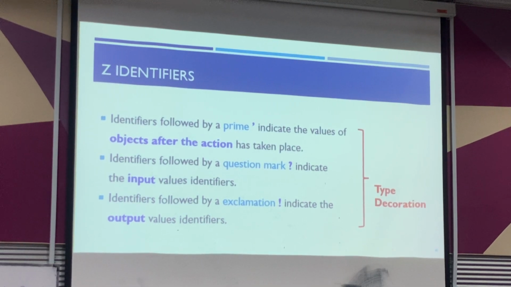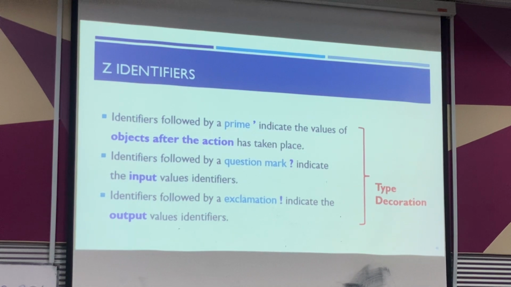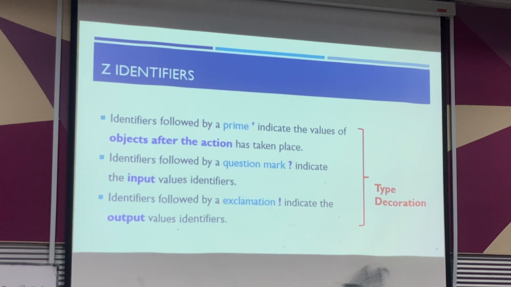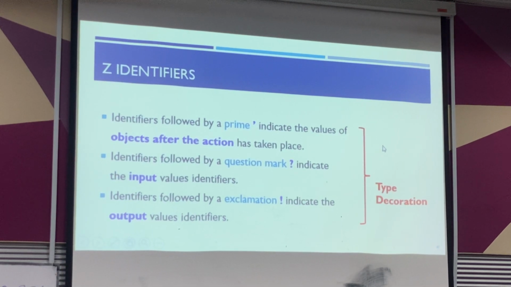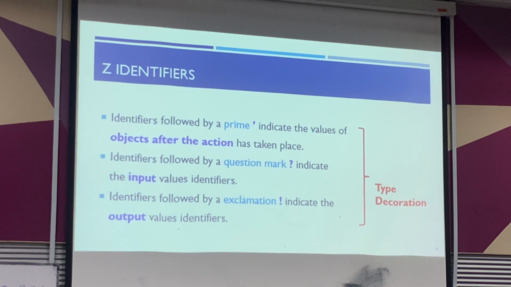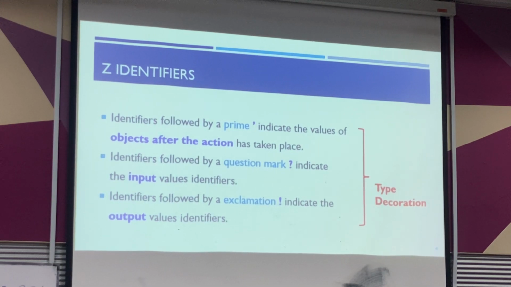This is a special case symbol where you use it to indicate something in your schema. If you use the prime symbol, or apostrophe, this is to show an updated variable in your schema. The prime variable will show the updated variable.